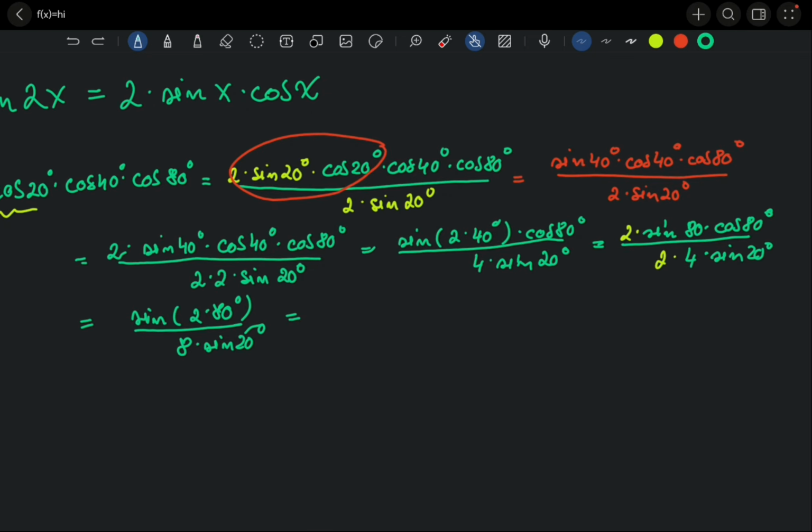And in the end, this will be equal to sine of 160 degrees all over 8 times sine of 20 degrees.